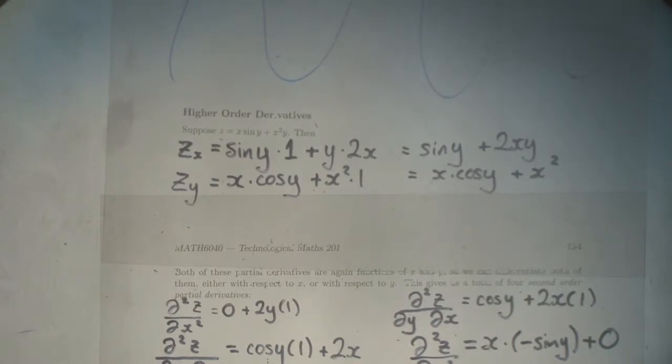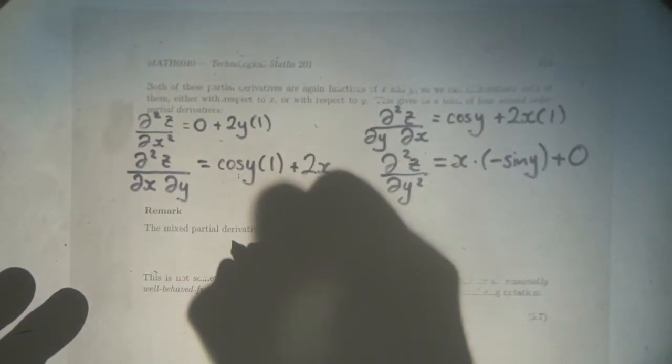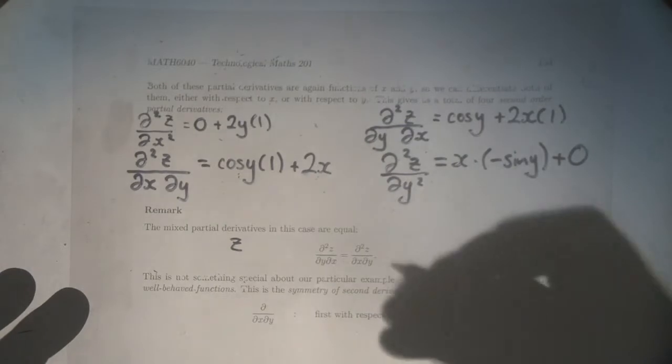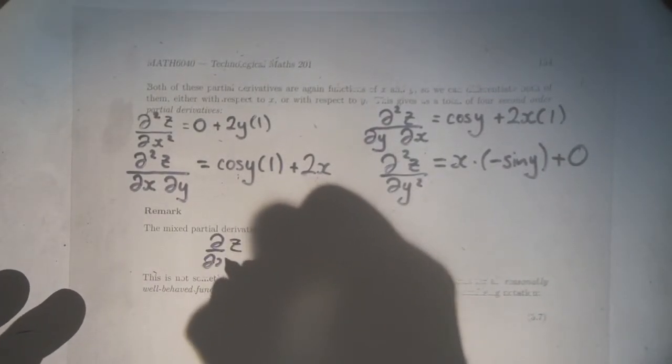Now I want to explain the notation, why this means x first and then y. So say if I have a z, and if I want to differentiate it with respect to x first, I write that.